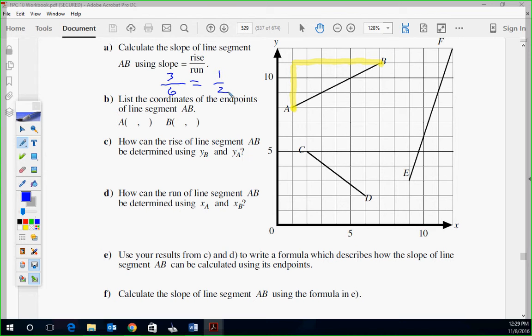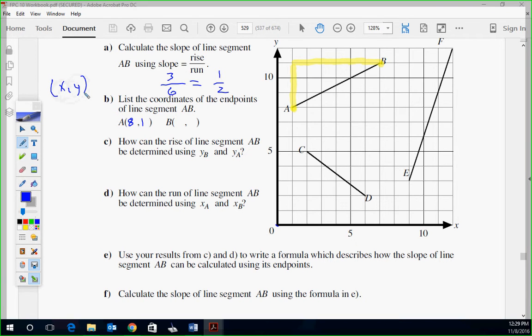List the coordinates of the endpoints. What are the coordinates of AB? This is where the origin is, right? So I come up here. It's 8, 1 for A. You see that? 8, 1. Points are written XY.